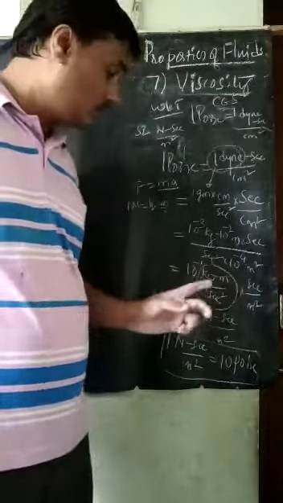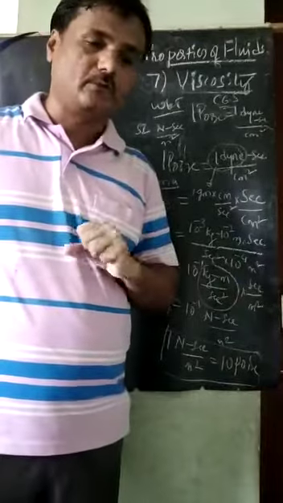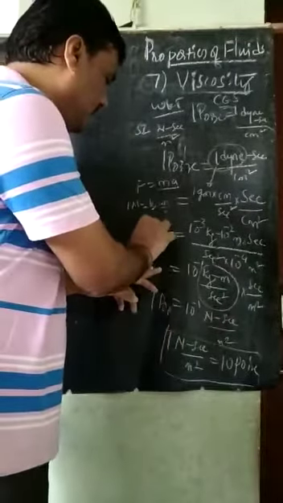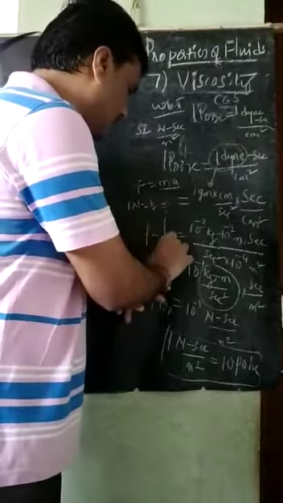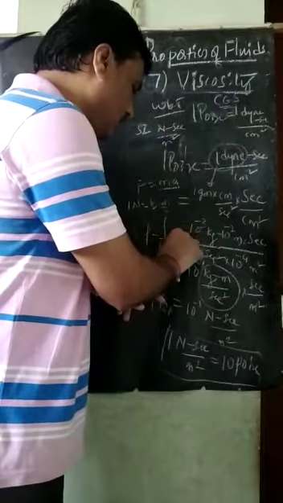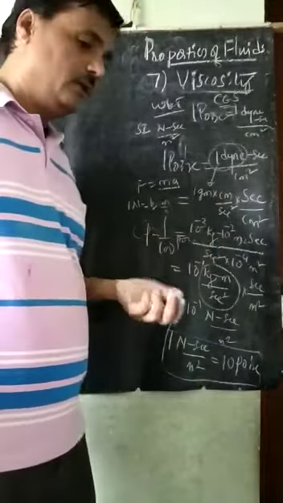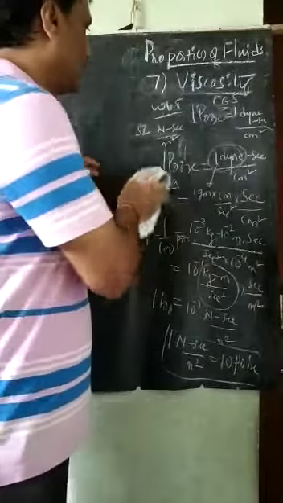It can also be measured in centipoise, CP. Centipoise is equal to what? CP is equal to 1 by 100 poise. This is also a unit for viscosity, that is the dynamic viscosity.